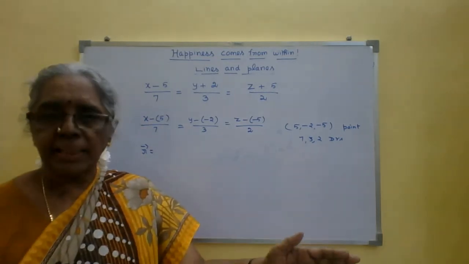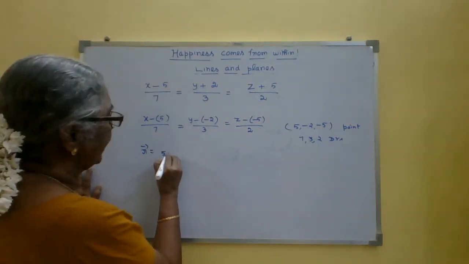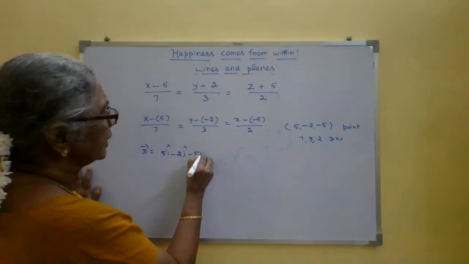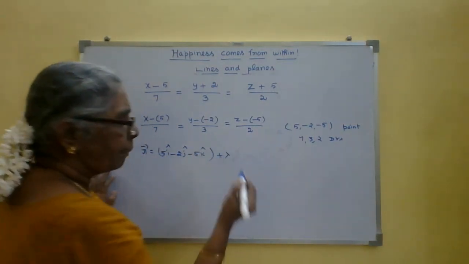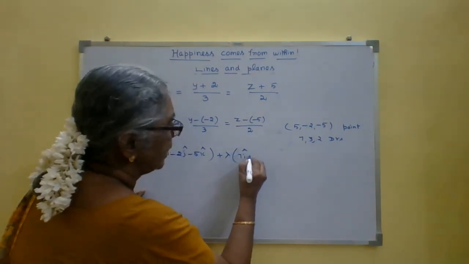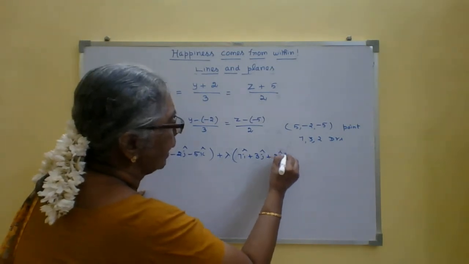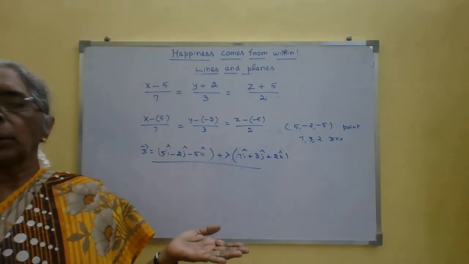You should have an LHS and you should have an RHS. r vector is equal to 5i cap minus 2j cap minus 5k cap, the point is over now, that is the a vector, plus put some lambda or t into the DR. You can write as it is 7i cap plus 3j cap plus 2k cap. So this is the vector form of this Cartesian equation.